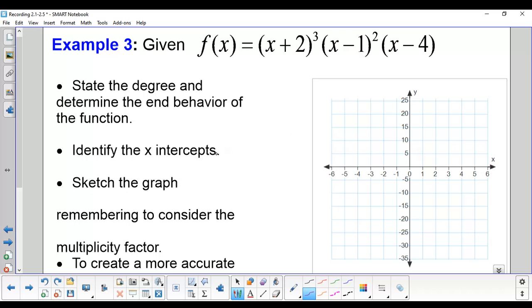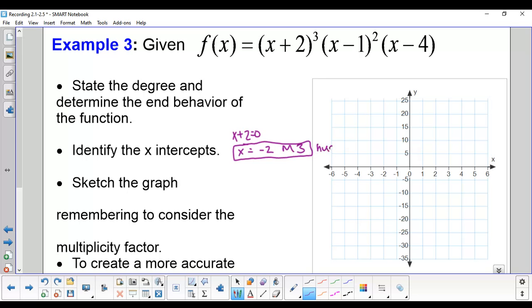I like to find the x-intercepts first because I find that to be a good launching point. So I'm going to go ahead and set each one equal to 0. So x equals -2, and I'm going to put an M3 next to it, indicating that this is a 0 or an x-intercept, and it has a multiplicity of 3.